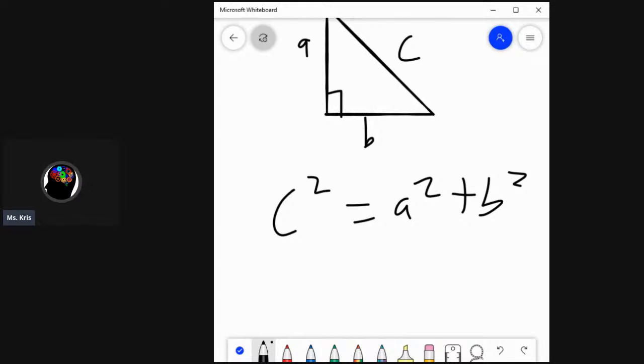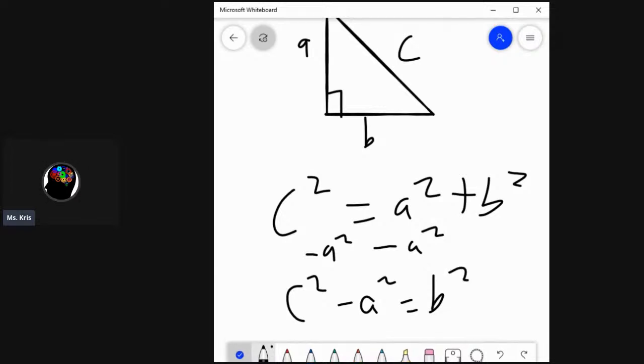And say, for instance, you have the hypotenuse and you have one of the legs and you want to find the other leg. All you would do is, say we're looking for leg B. You subtract A squared on both sides, which gives me C squared minus A squared equals B squared.